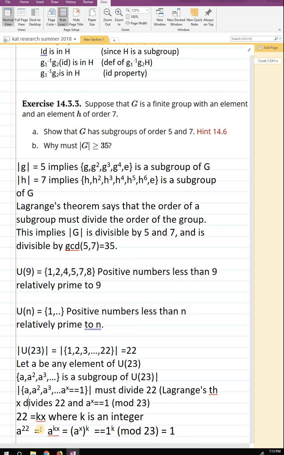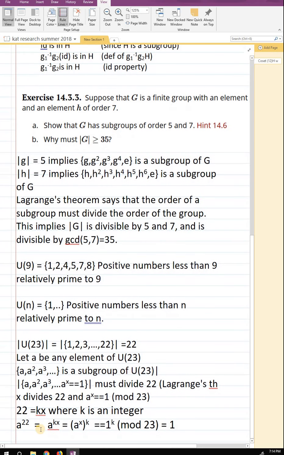So that means x divides 22, and we also have a to the x is equal to 1. That came from up here. And then we concluded that no matter what a is, a to the 22 is congruent to 1 mod 23. Now that was obvious, right? But that's what you have.